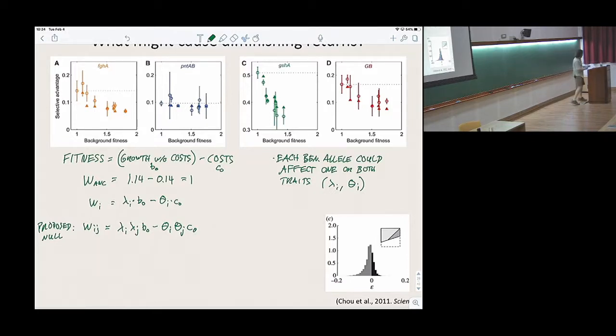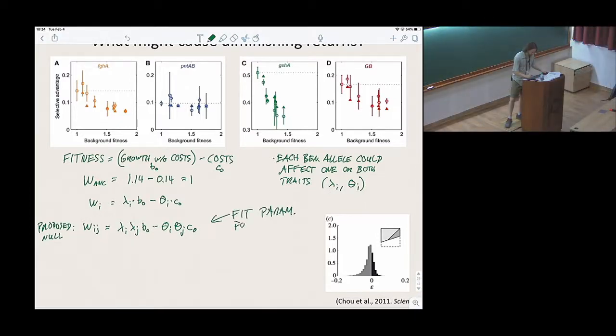And so we could fit the parameters from wild type and the singles, and we assumed that this theta was the proportional reduction in the strange cells.